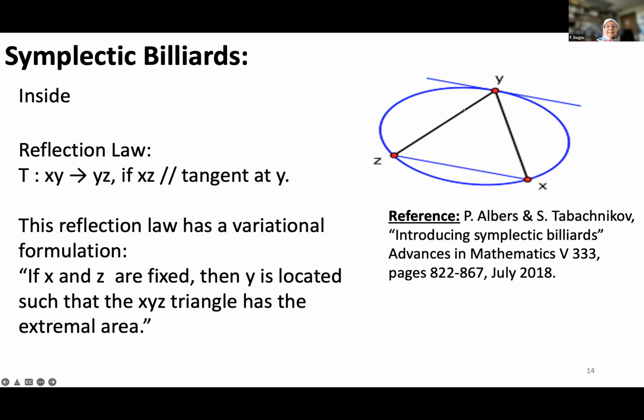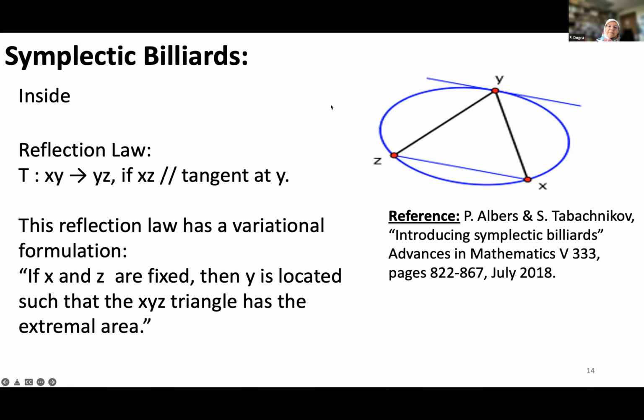How do we define symplectic billiards? You have a reflection of an oriented chord to another oriented chord. The reflection law is given here: xy is reflected to yz as long as xz is parallel to the tangent line at y.